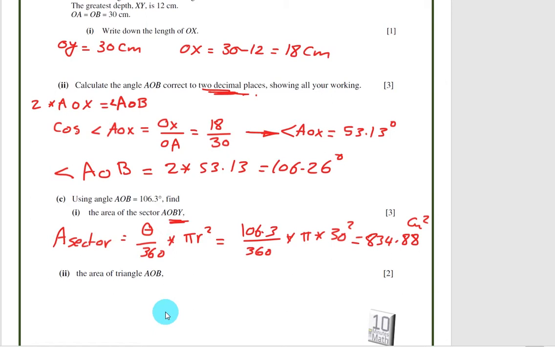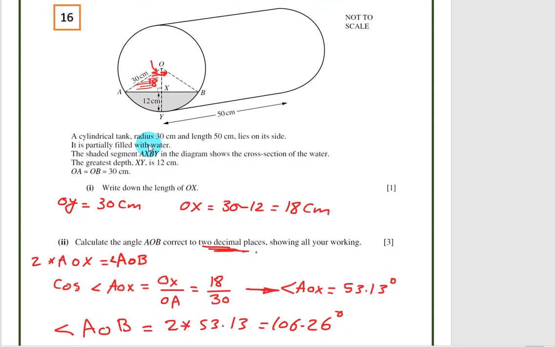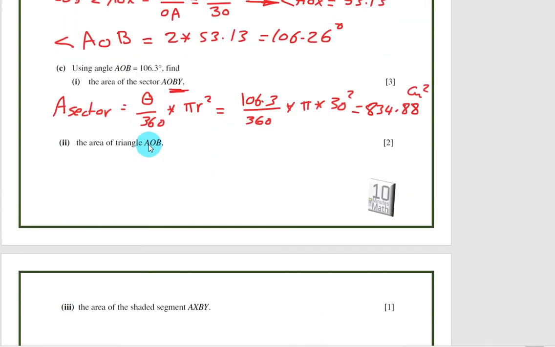The area of the triangle AOB. You need the area of the triangle AOB. You remember the area with sine? So the area will be half AO by OB by sine of the angle AOB. So let us go and write the equation.